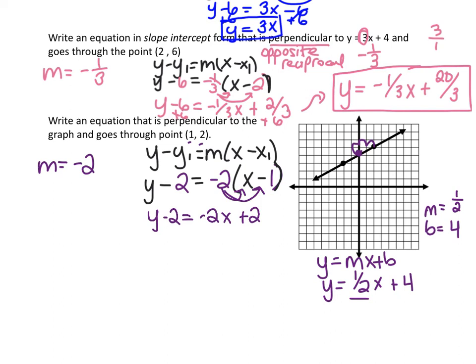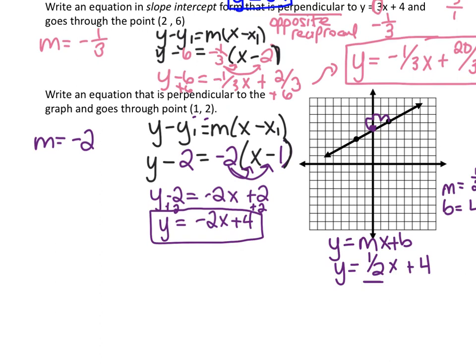And then the last step is to get y by itself. All right, so -2x, and then I add these 2's together, plus 4. Okay. And if you were to graph this, we have a slope of -2 and a y-intercept of 4.